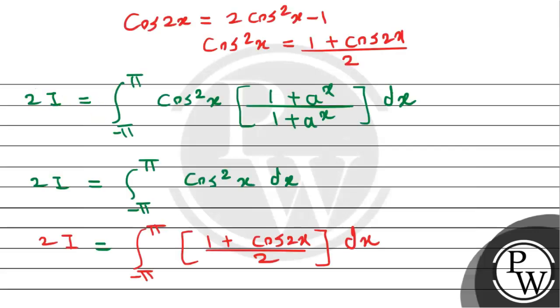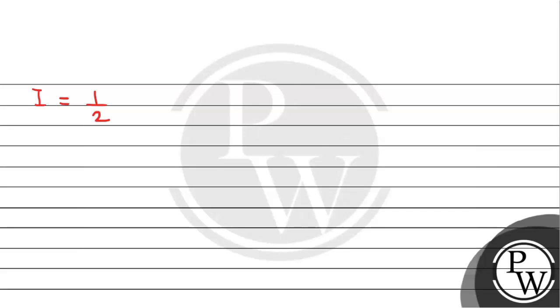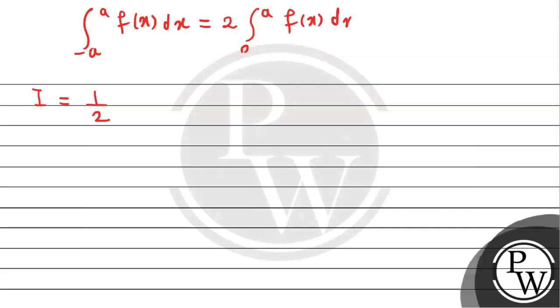Now if you remember, cosine x is an even function, so we will apply the even function property. If you have been given integration from minus a to a of f of x dx, and f of x is an even function, then we can write it as 2 times the integration of 0 to a of f of x dx.